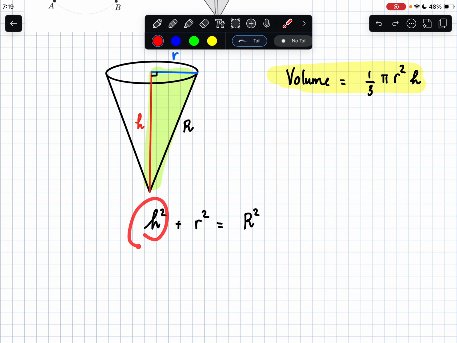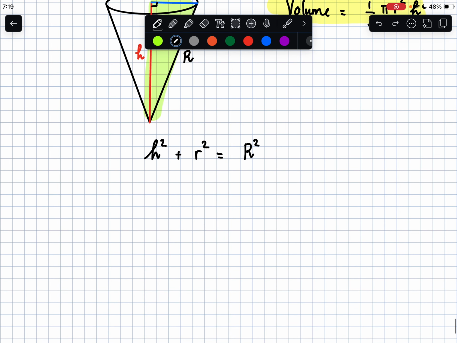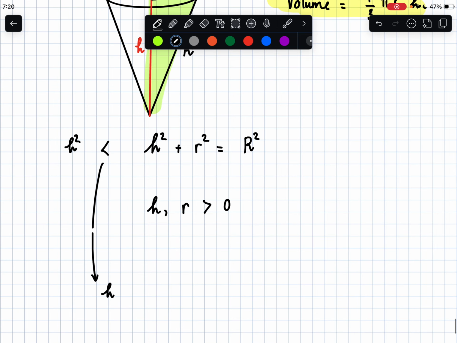Now we note that the height and the radius are lengths, so they are all positive. Height and radius are bigger than 0, and we know that big R is bigger than both. So big R squared is bigger than height squared and also bigger than radius squared. So I get height squared less than big R squared.